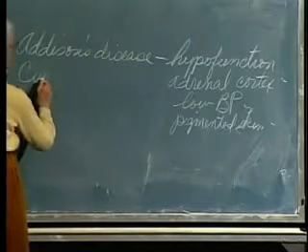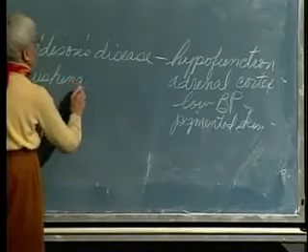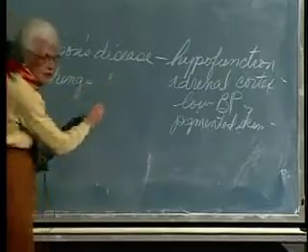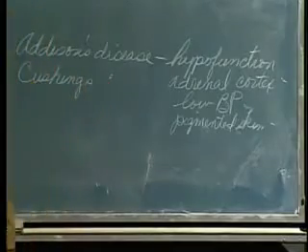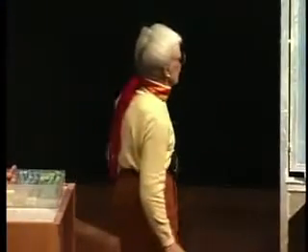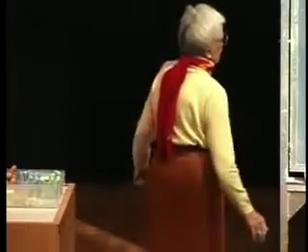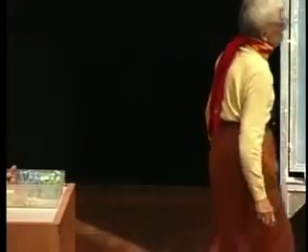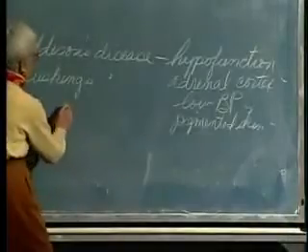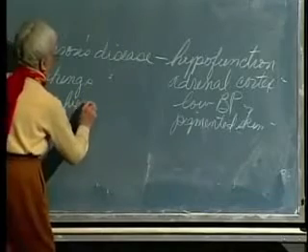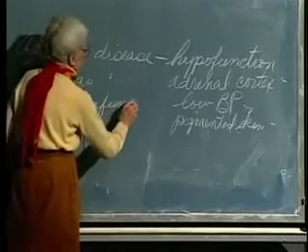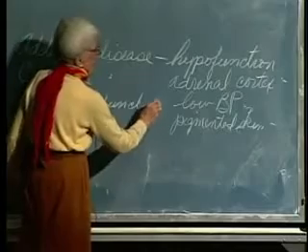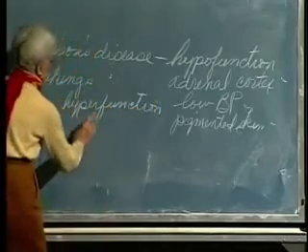Cushing's disease. How many have heard of Harvey Cushing? Anybody? Different era. He was a great neurosurgeon. Everybody in medicine had heard of him 50 years ago. Cushing's disease is hyperfunction of adrenal cortex.